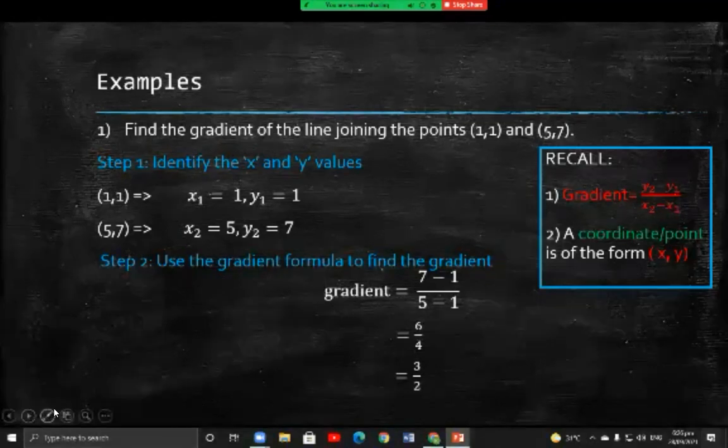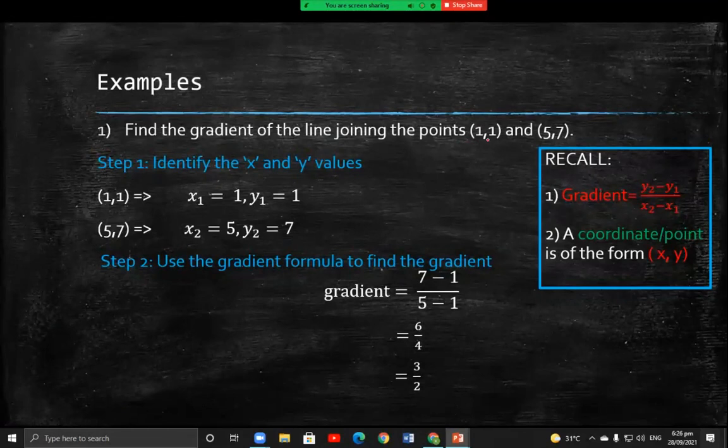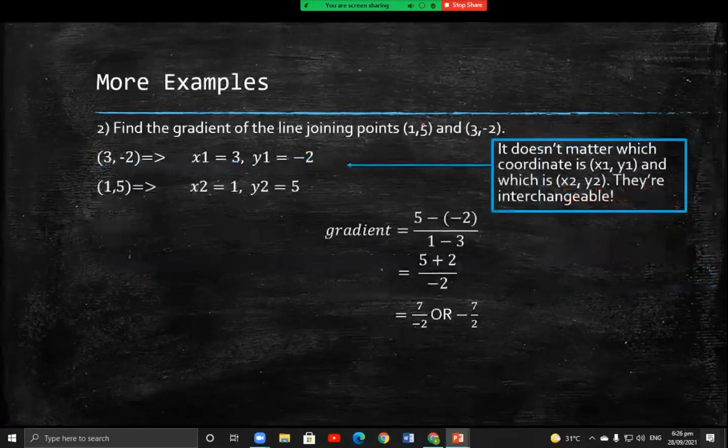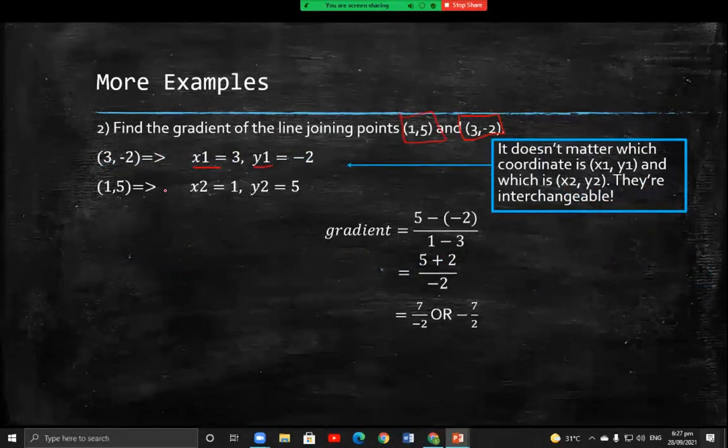In this example, I chose to name this coordinate x1 and y1, and this one x2 and y2. But you see in the other case, I chose to name this one x1 and y1 and this one x2 and y2. But it doesn't matter, it's interchangeable, whatever you want to do.